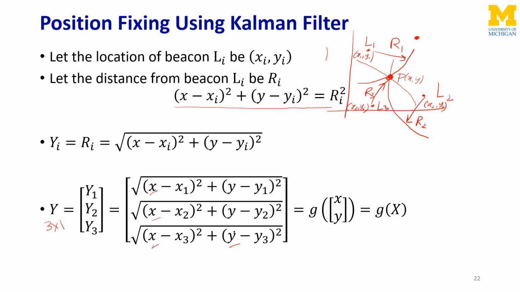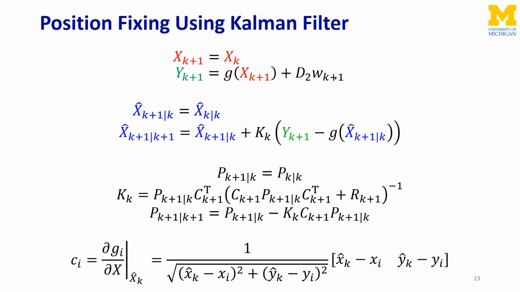Not the data. These are the X and Ys that we are looking for. And then I'm going to call my state X. I'm just going to define the state X as the small x and small y, which is the position coordinates of our sensor that we're trying to estimate the position of.